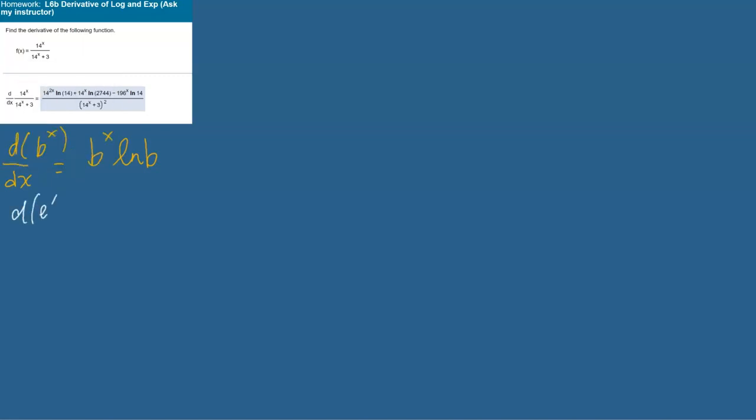The derivative of e to the x is e to the x, and if you were to follow this format, you would say the b is e, so it would be e to the x ln of e. Well, ln of e is 1, so that is one of the reasons why the derivative of e to the x is just e to the x. But if it's other bases other than e, then the derivative is b to the x ln of b.